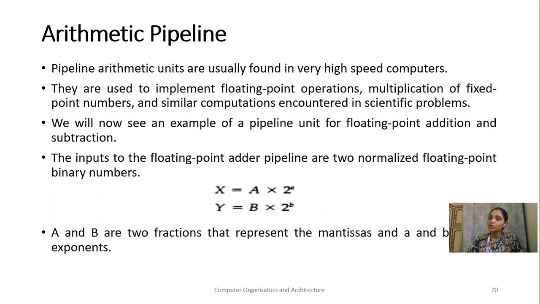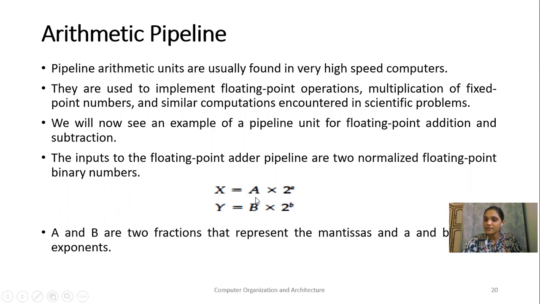Let us first see arithmetic pipelining with a simple example of floating point number addition and subtraction. Let we have two numbers, x equals A into 2 raised to a, and y equals B into 2 raised to b.